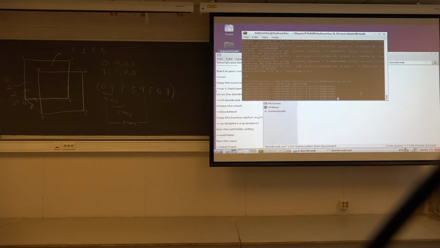If you want to know how many you have, you write lscpu. Then you have a lot of information about the hardware. And you see on this computer here, I have 8 CPUs. Does anybody have more CPUs than me?